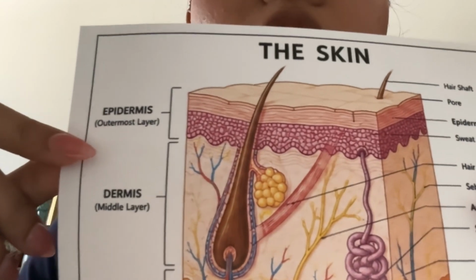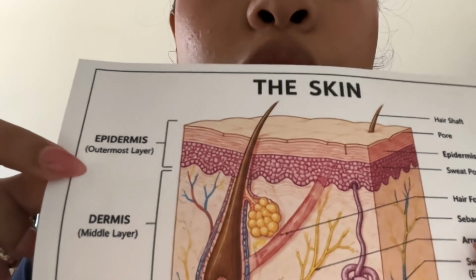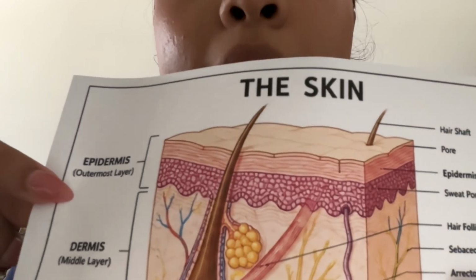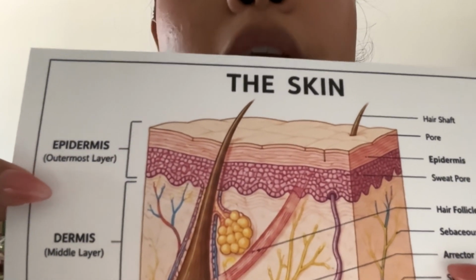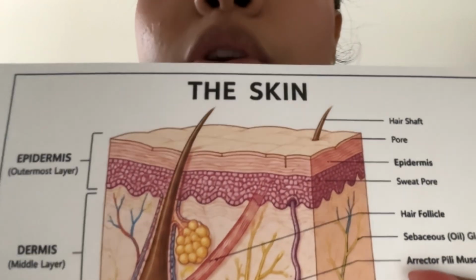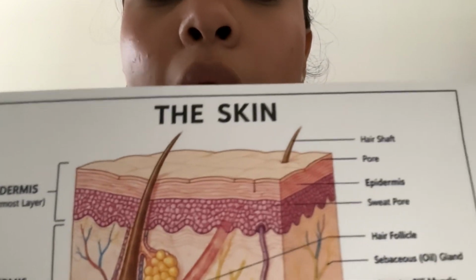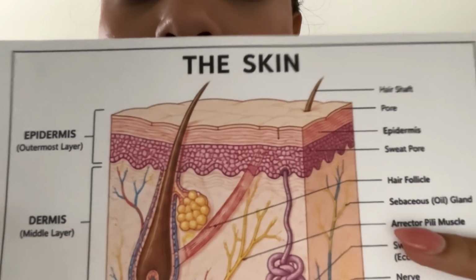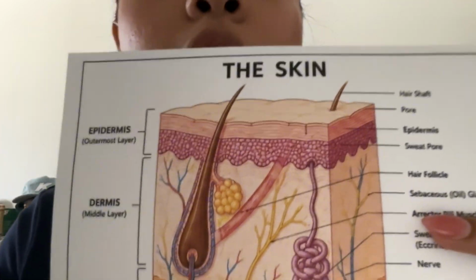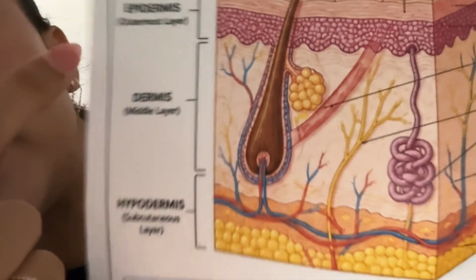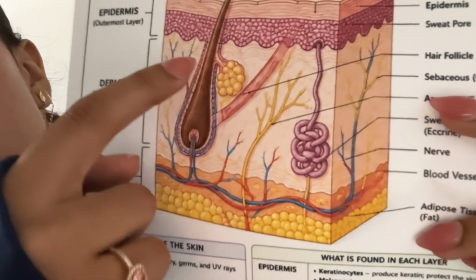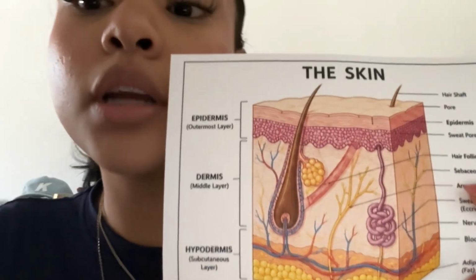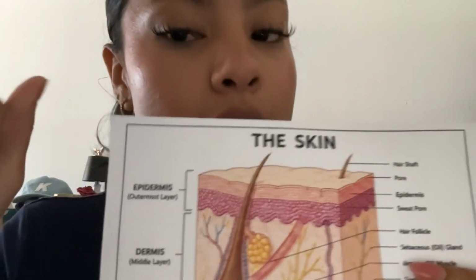We have the epidermis, which contains keratinocytes, which produce keratin, and then we have the melanocytes, which produce melanin, which is what gives us the skin color that we have, and also protects from UV rays. Then we have the Merkel cells also in here, which detect touch.